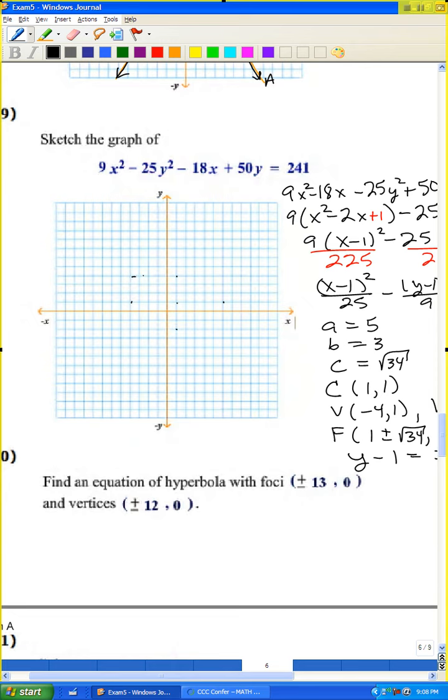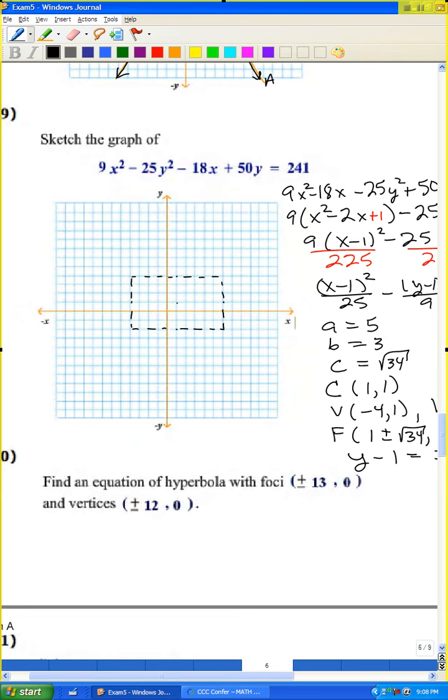Let's try to draw this. Okay, let's see if I can get closer.